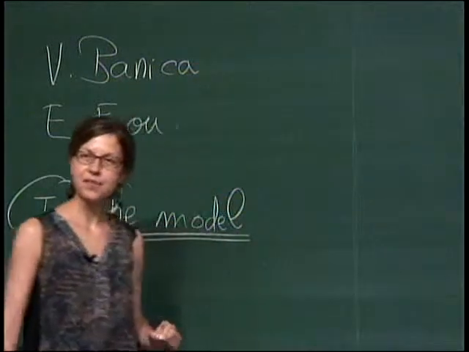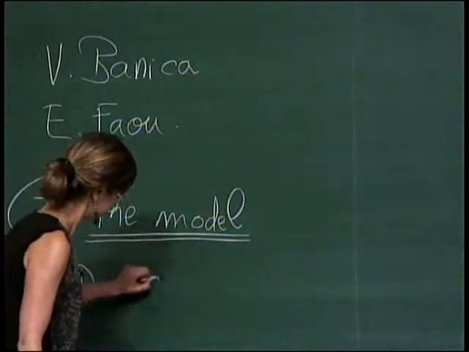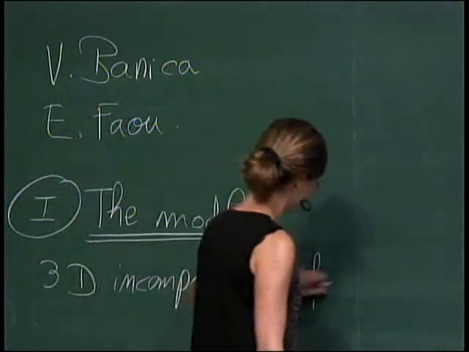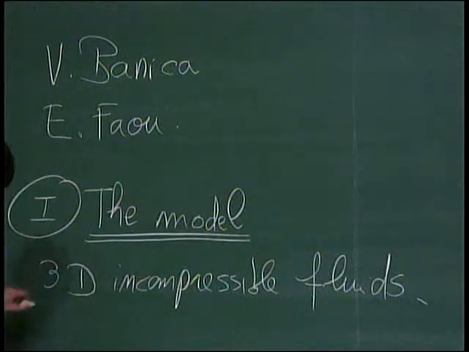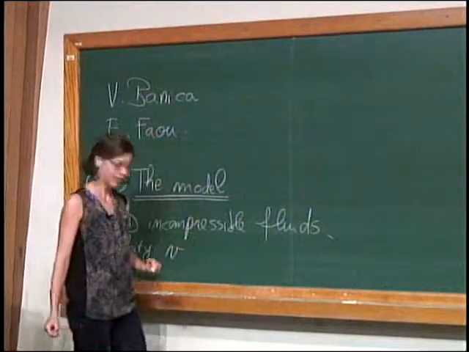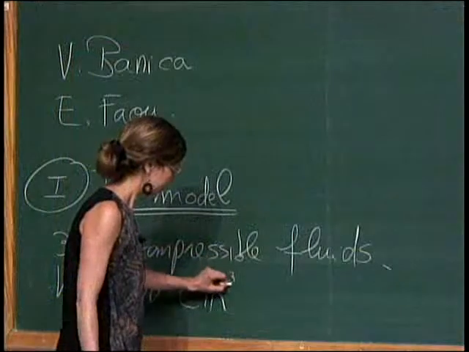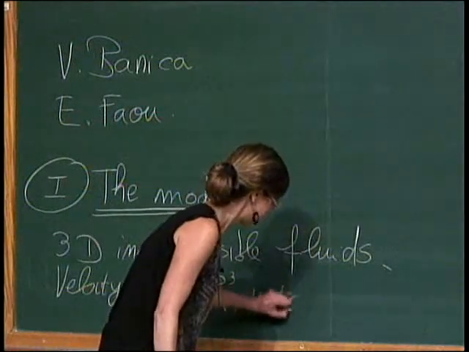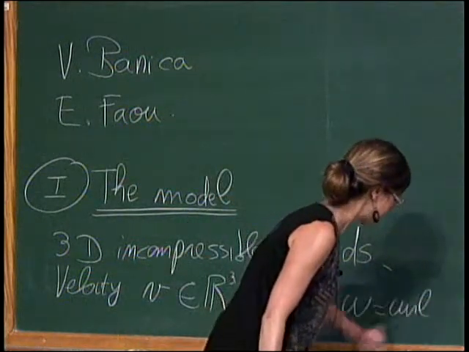We consider three-dimensional incompressible fluids. These fluids have velocity v, a function with values in R3, and they have a vorticity omega, which is the curl of the velocity.